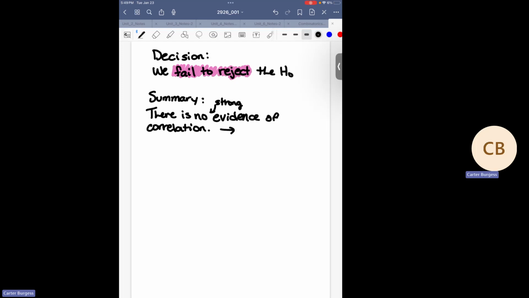I'm also fine with just saying no, there is no correlation. Again, it's a little bit too definitive when we say absolutely for a fact that there is no correlation. But again, it's good enough for our purposes.